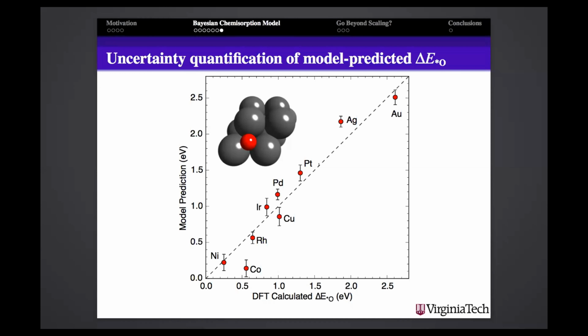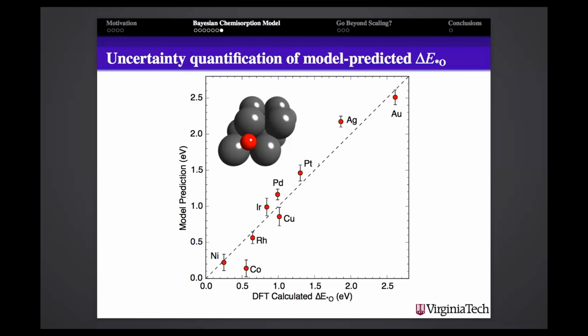So we have a reasonable model to capture not only the structure but also the bonding properties for oxygen on metal surfaces. We did the same thing for OH and OOH, so we're not going to show them here.